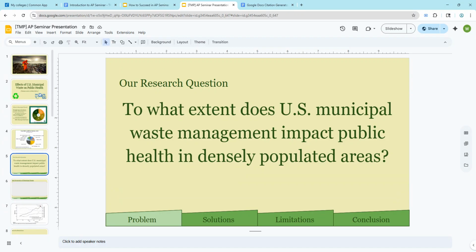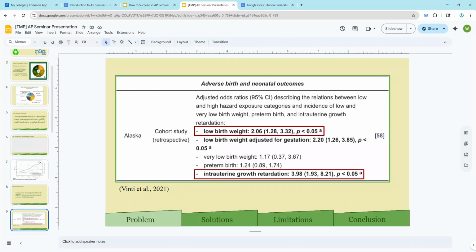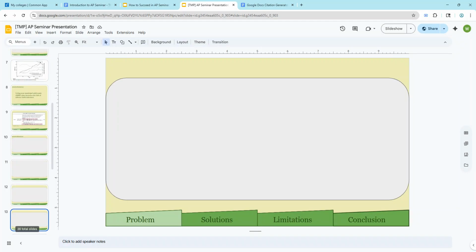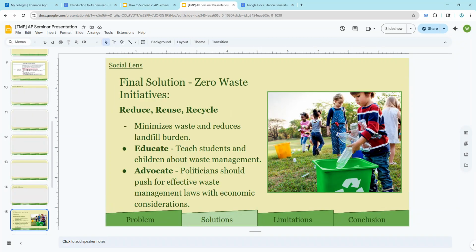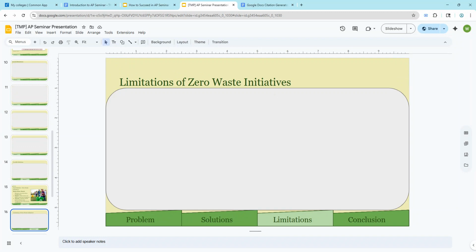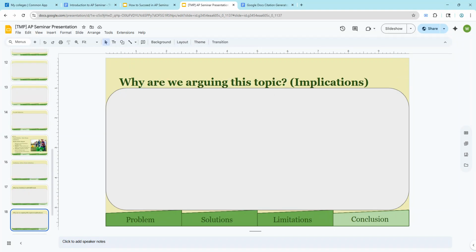So here the teacher knows you're talking about the problem. We're still talking about the problem in more details. And then now we're talking about solutions, right? Oh, now we're talking about limitations. Now we're going to the conclusion, implications, and wrapping up.